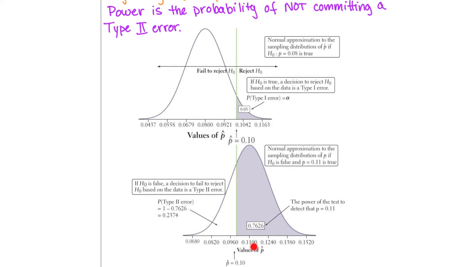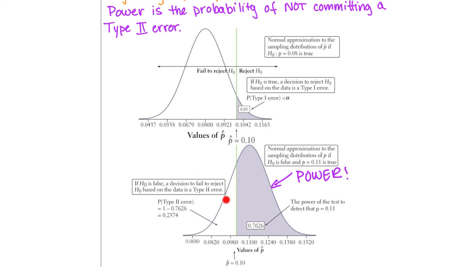Now remember, I could be wrong, but if we've really got this, now this will always be unknown. You'll be blind to what this true proportion is. This shaded region, that is called your power. So we've got some probability that that's true.